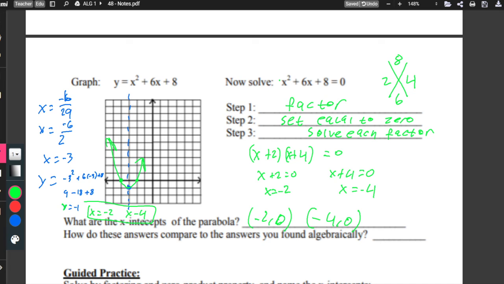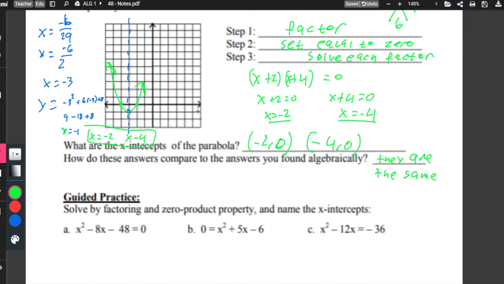How do these answers compare to the ones we found algebraically? They are exactly the same. So you can either factor it or you can graph it and find them.